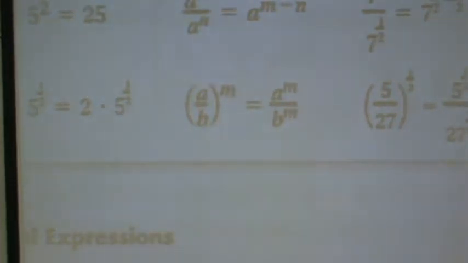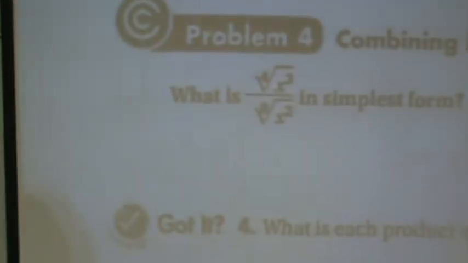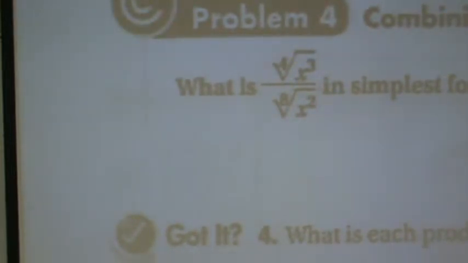Okay? So now, check out problem 4. It reads the 4th root of x cubed over the 8th root of x squared. Well, we learned last week that if the indexes are the same, we can simplify it. This you can't simplify, right? So last week or yesterday you would have said not possible.